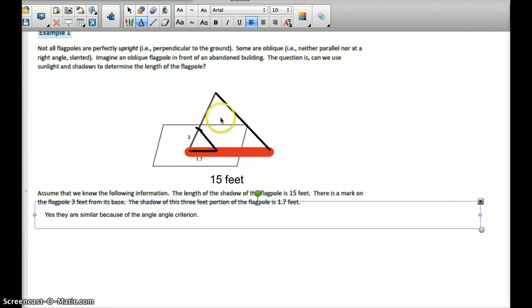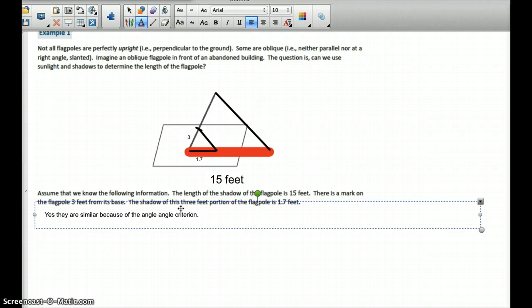So how I knew that is they both share this angle right in here. And then since these lines are parallel, that means that the corresponding angles are congruent. So I have this angle right here, and then actually both sets of angles on the bottom are congruent. Both sets of angles right here on top are congruent. So angle-angle tells us that they are similar.